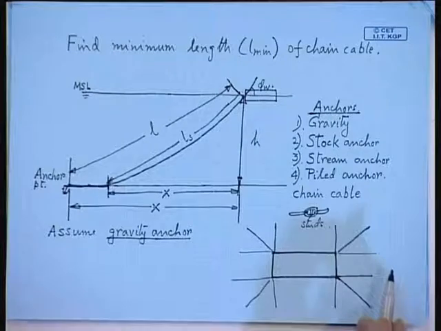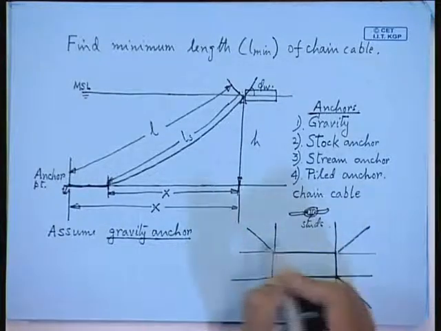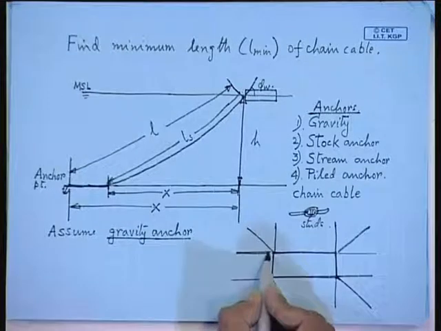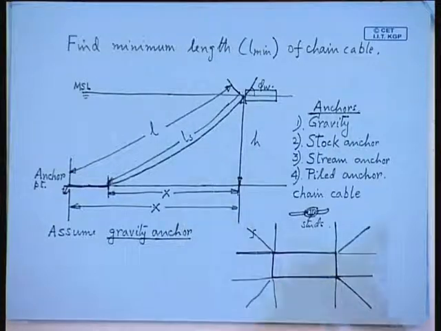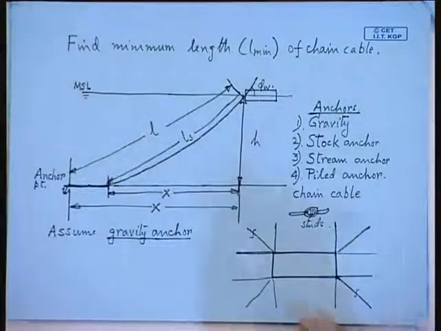And not only that, nowadays classification societies ask you to find out whether the ship will be able to stay in position with one chain cable snapped. Say I cut one of the chain cables, or I cut these 2 chain cables. Will my ship still be holding in this position, or will it start drifting away? That is another part of mooring analysis which is done.